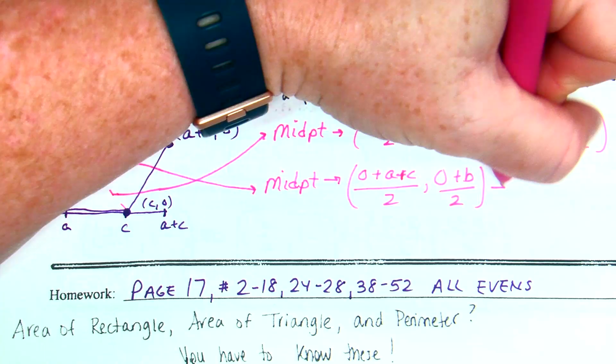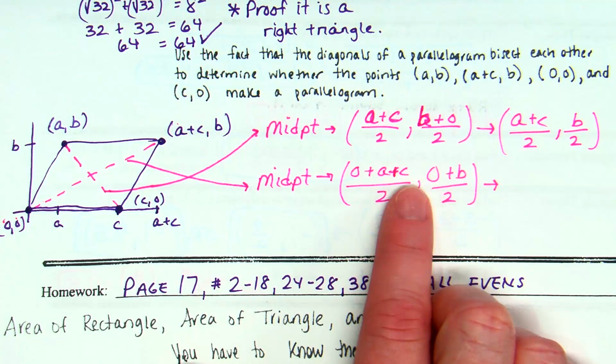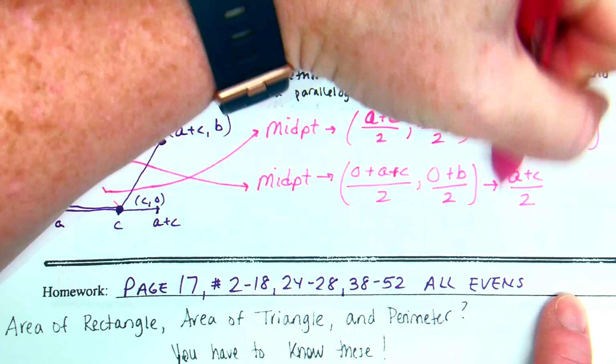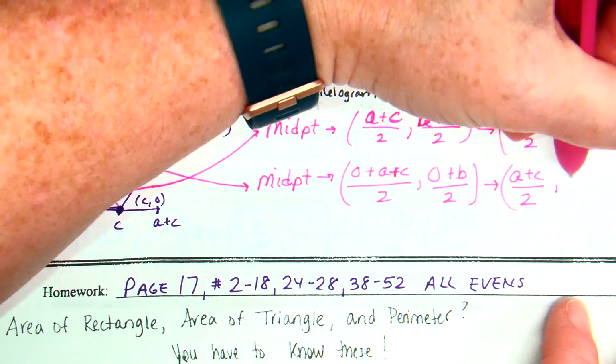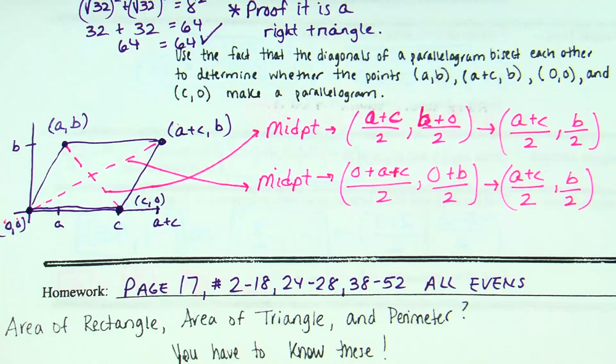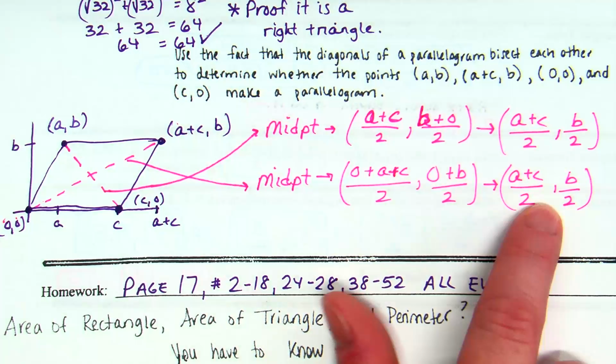So 0 plus b divided by 2. Well, okay, clean this up. What is 0 plus a plus c divided by 2? A plus c divided by 2. 0 plus b, and then divide by 2? B divided by 2.